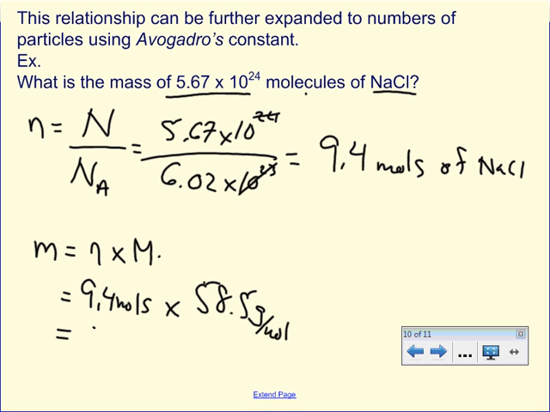And that gives us a grand total of 551 grams of NaCl. So that way we can incorporate number of moles, Avogadro's constant, and now we can also incorporate molar mass. And this gives us relationships and quantities that we're used to and can deal with quite easily.